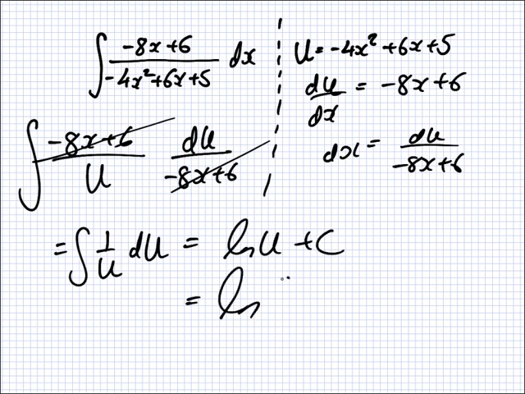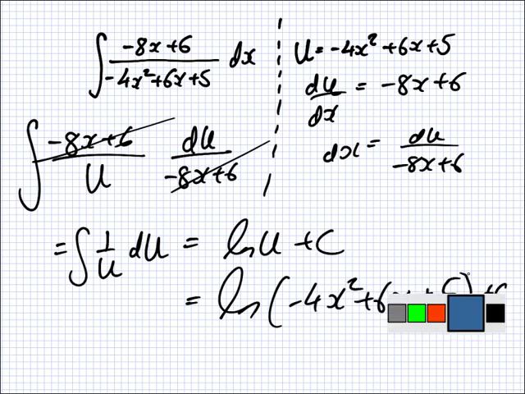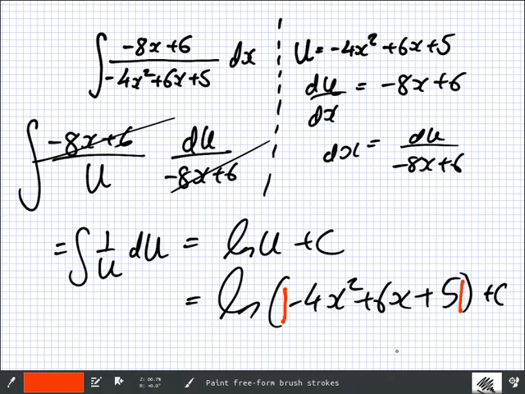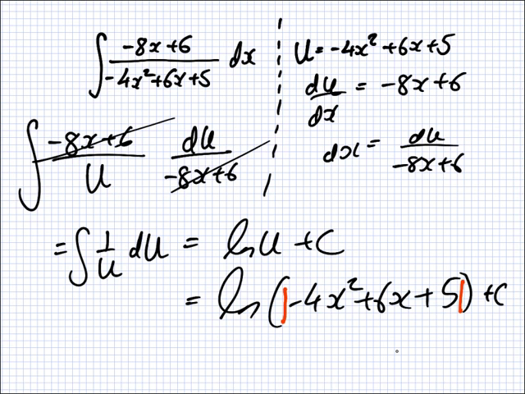So the answer is log minus 4x squared plus 6x plus 5 plus c. And Amjad, if you want to be picky, because the quadratic could be negative, we can force it to be positive by putting these absolute value signs around it. But don't need to worry about that so much in the exam.